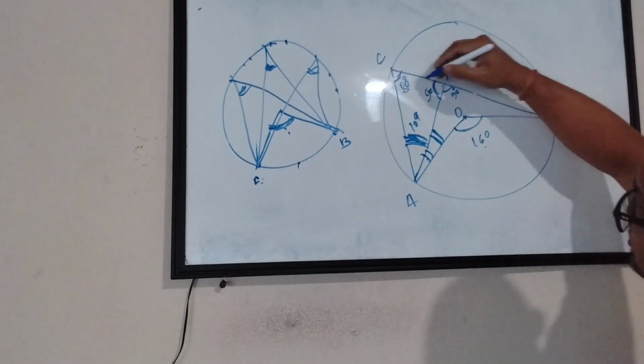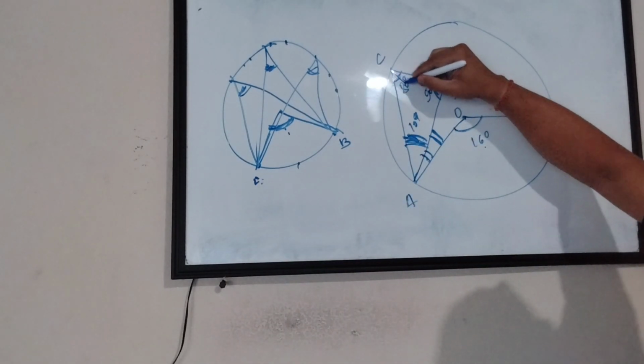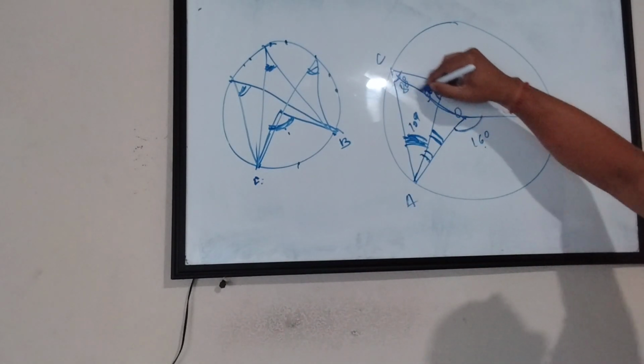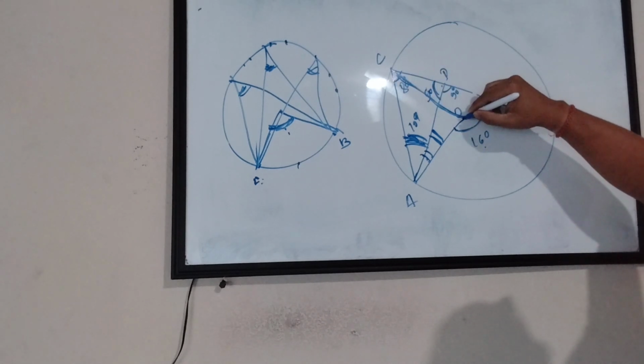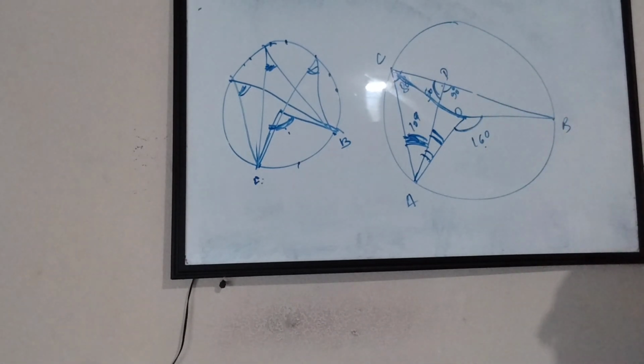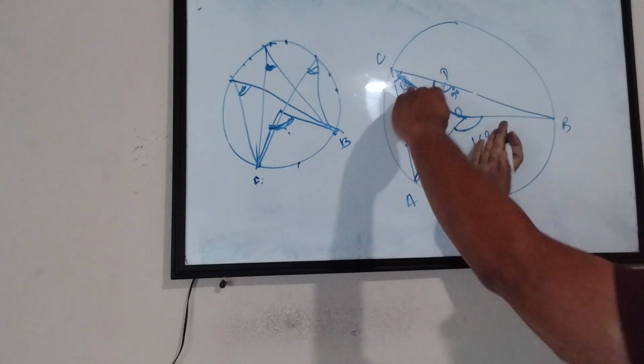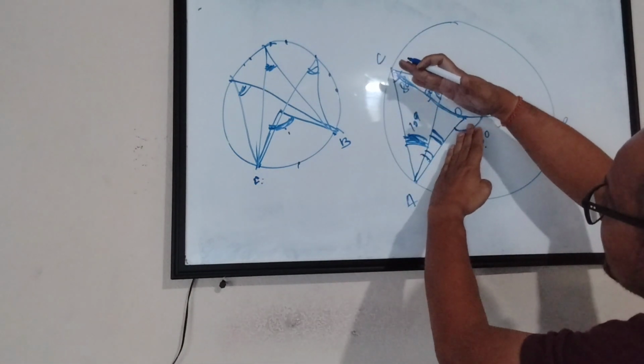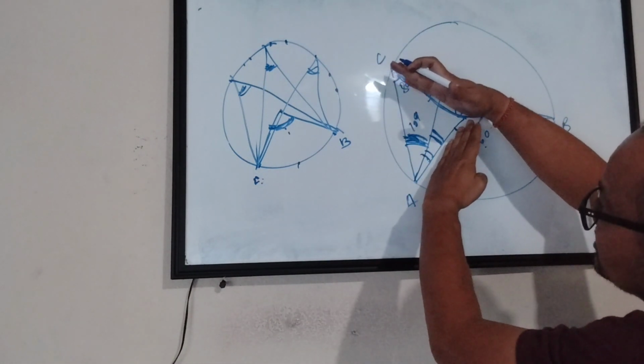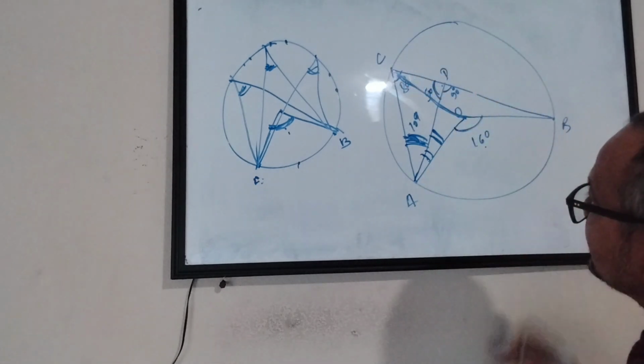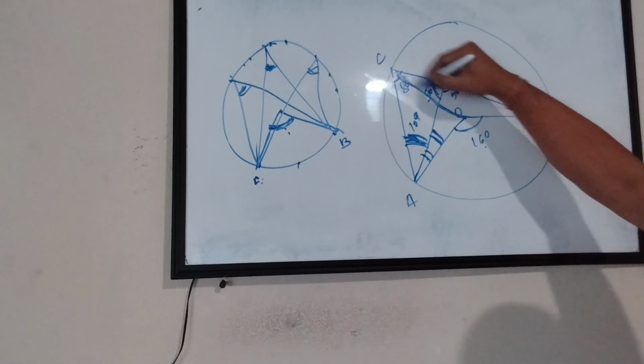Now, what will I do? I will join these two. Okay? So this becomes what? This is an isosceles triangle, because this is radius, this is radius.